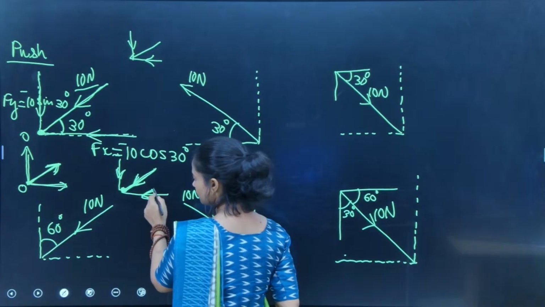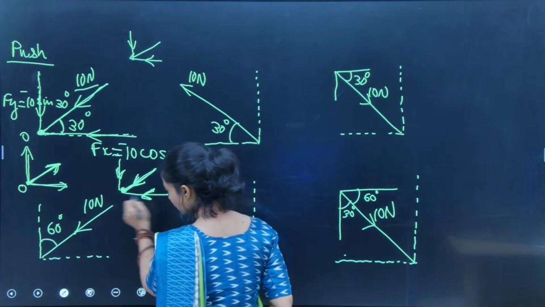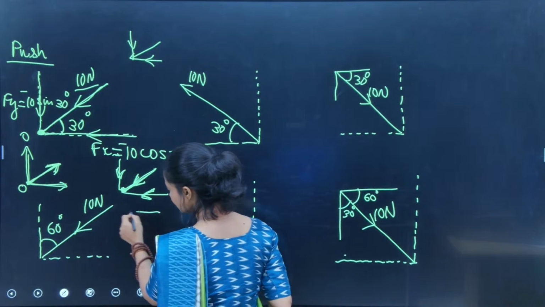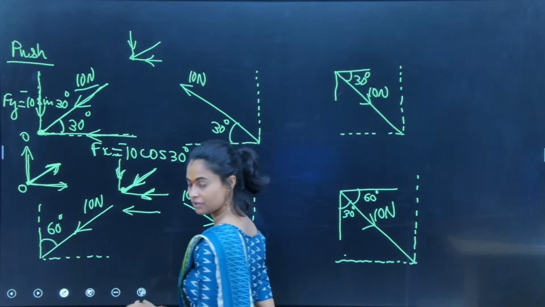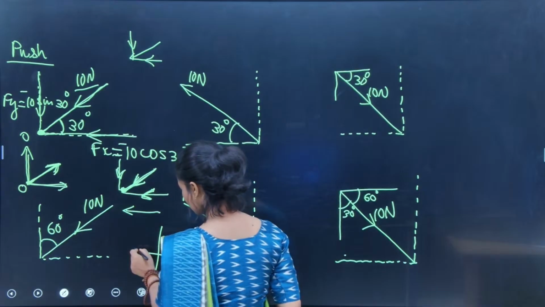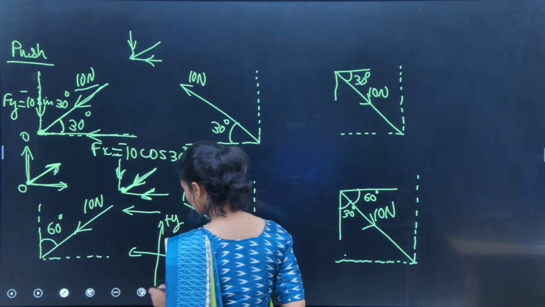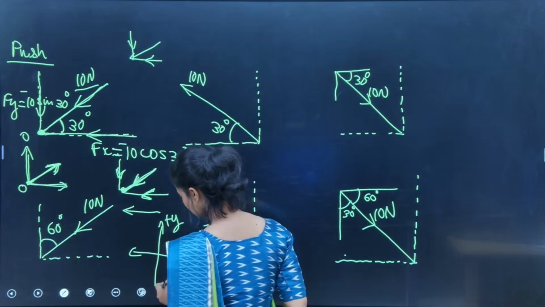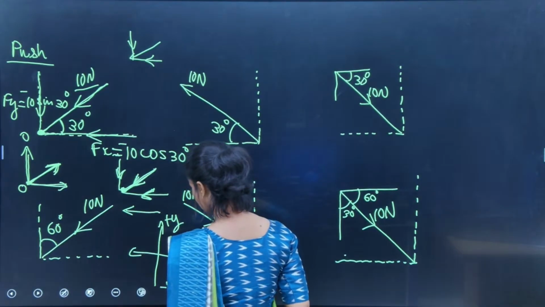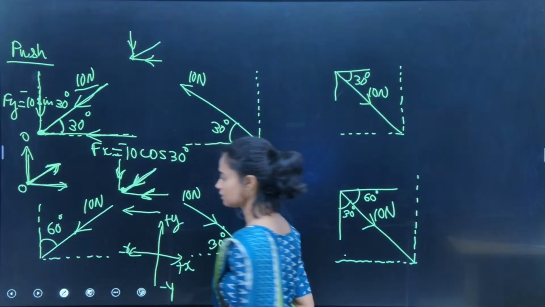Now you saw that the x component is coming towards the point, in the negative x direction, yes or no? If this is our coordinate system, this is positive y, this is negative y, this is positive x, and this is negative x, right?